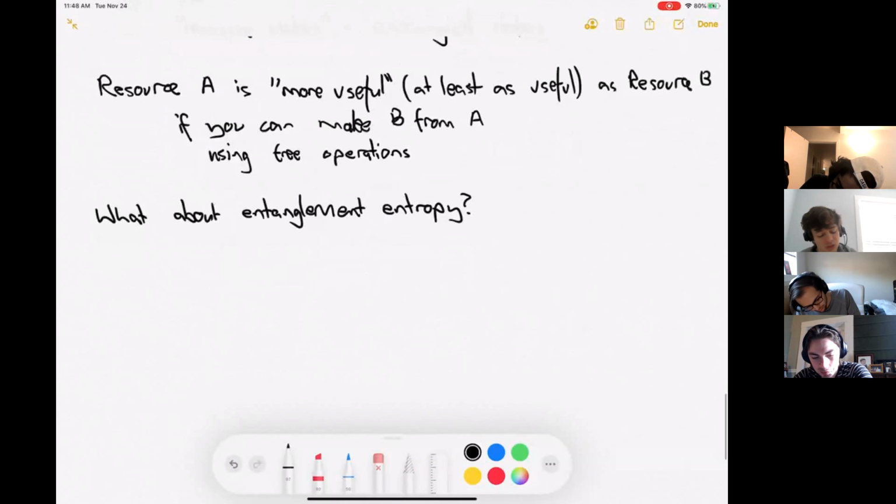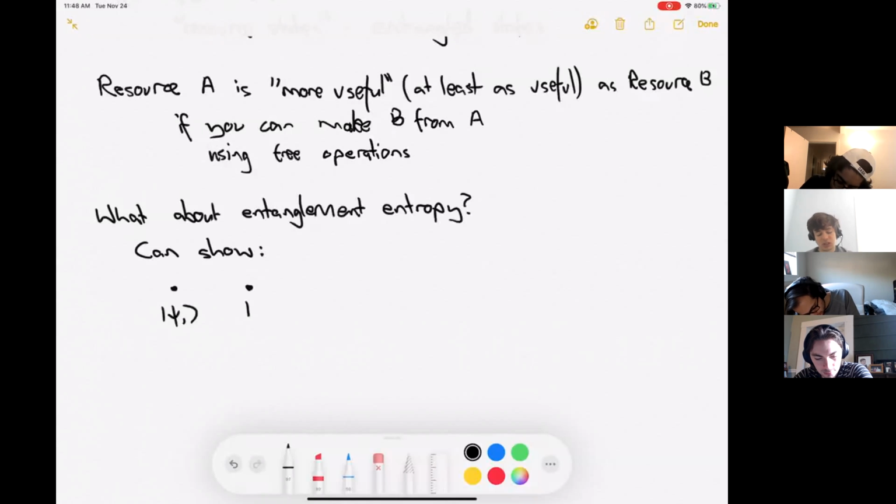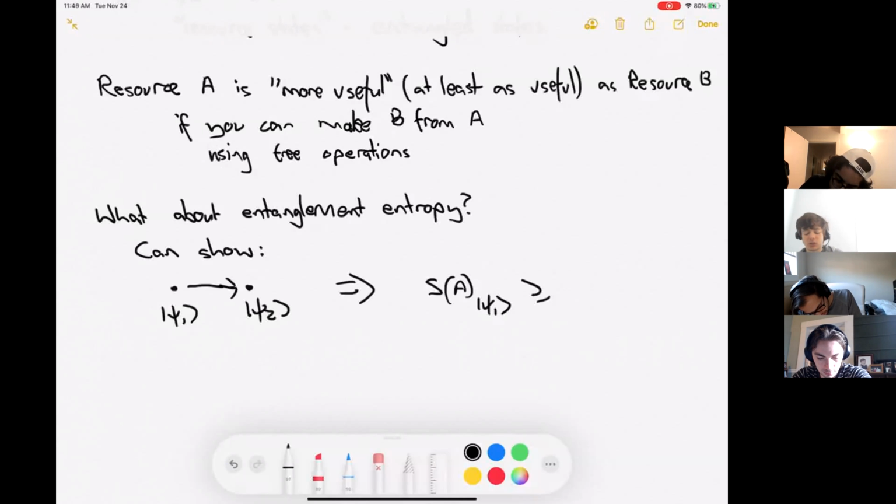So it turns out you can show that if I have some pure state psi1, and I have another pure state psi2, then if I can get from psi1 to psi2 using local operations and classical communication, then that implies that the entanglement entropy in psi1 has to be greater than or equal to the entanglement entropy in psi2.